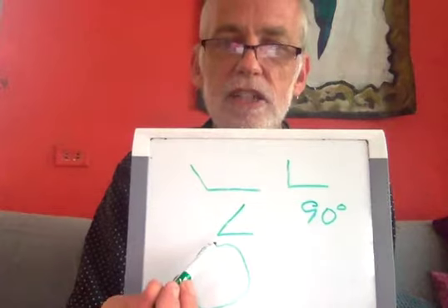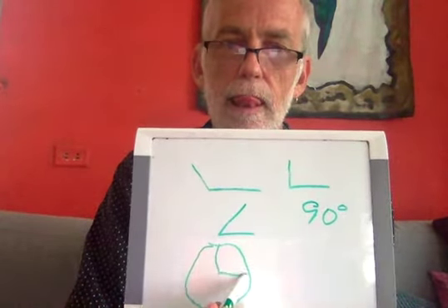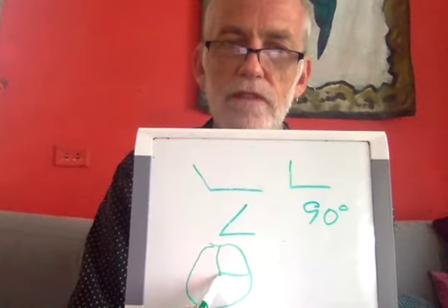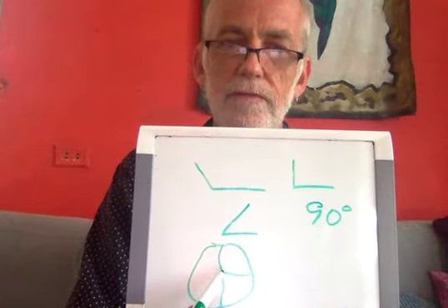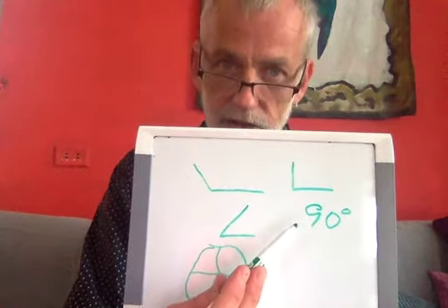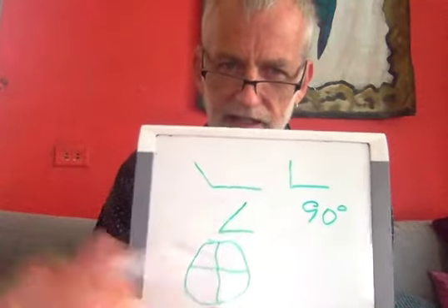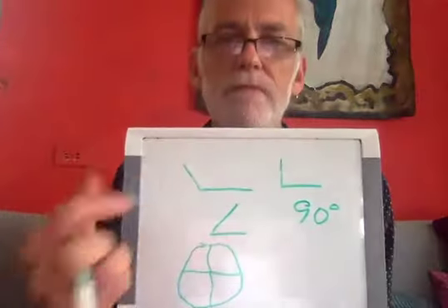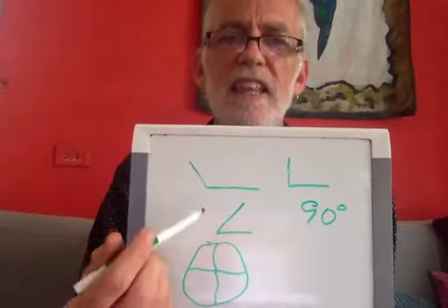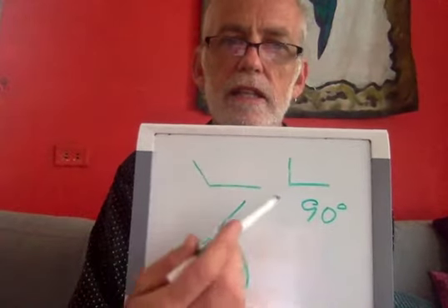And so if you divided that circle into 4 parts, like that, each one of those angles is 360 divided by 4. 90 degrees. 90-degree angles come in perpendicular, right next to each other. This angle is bigger than 90 degrees, and so it's called an obtuse angle.